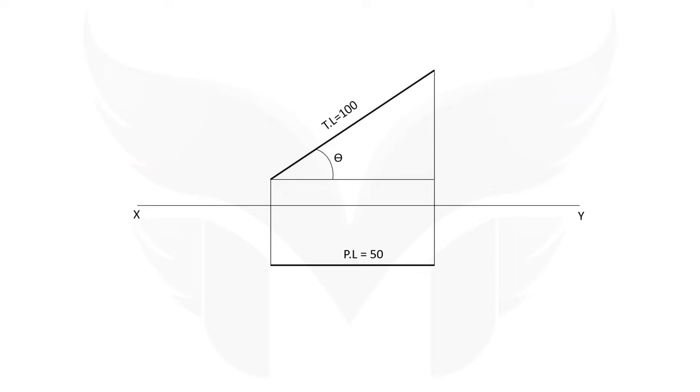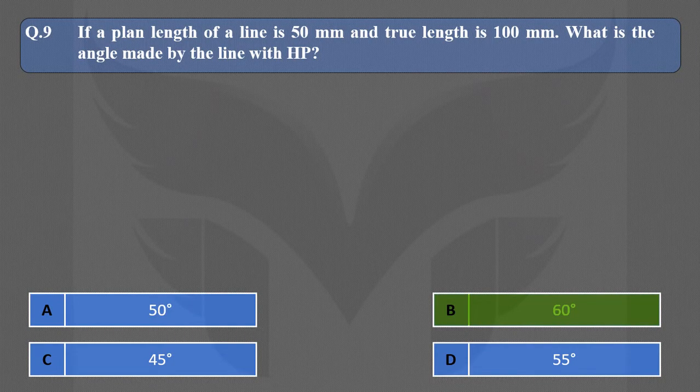Here, if we look at this right angle triangle, then this adjacent side has a length the same as the plan length, equal to 50 mm. Now to find the angle made by the line with HP, use trigonometry. Cos theta is equal to 50 upon 100, and by solving this, we will get the value of angle theta, which is 60 degrees, which is option B.